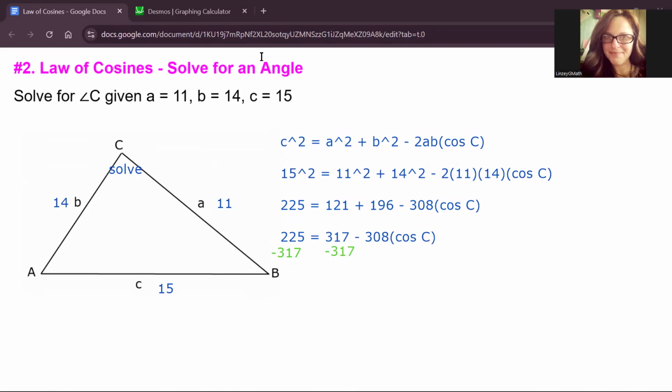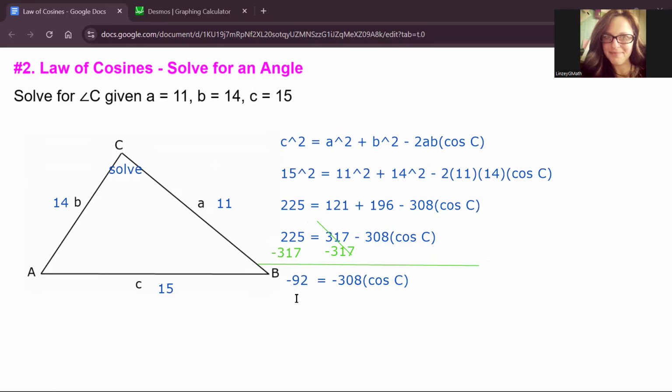So 225 minus 317. That'll cancel out on this side. Be sure to bring down the minus 308 on the right-hand side of the equal sign. And then 225 minus 317, we get negative 92.